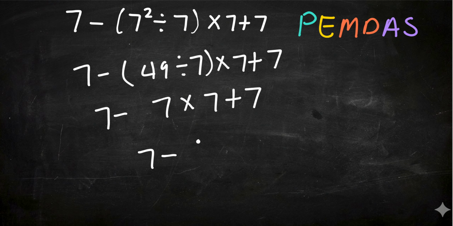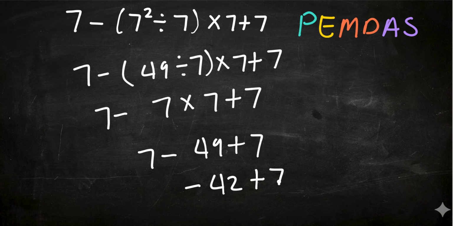So it's going to be 49 plus 7. And now at this point, we have addition and subtraction, which goes from left to right. So we're going to do 7 minus 49 first, and we're going to get negative 42. And then we're going to add 7 to that, and we're going to get negative 35. This is the correct answer.